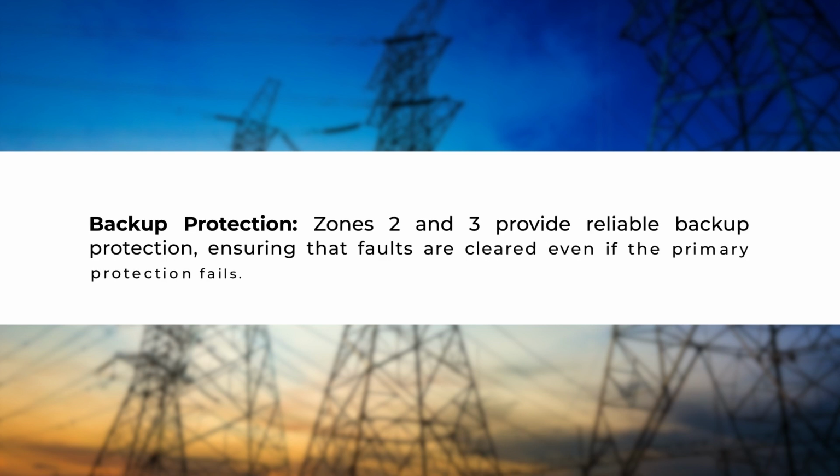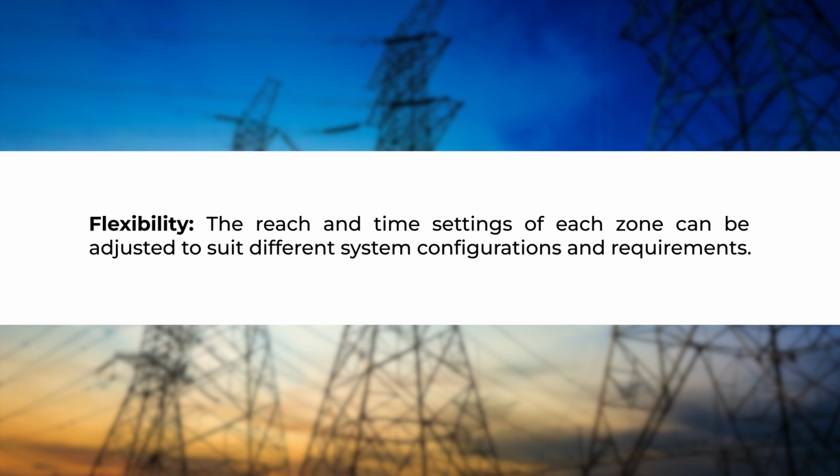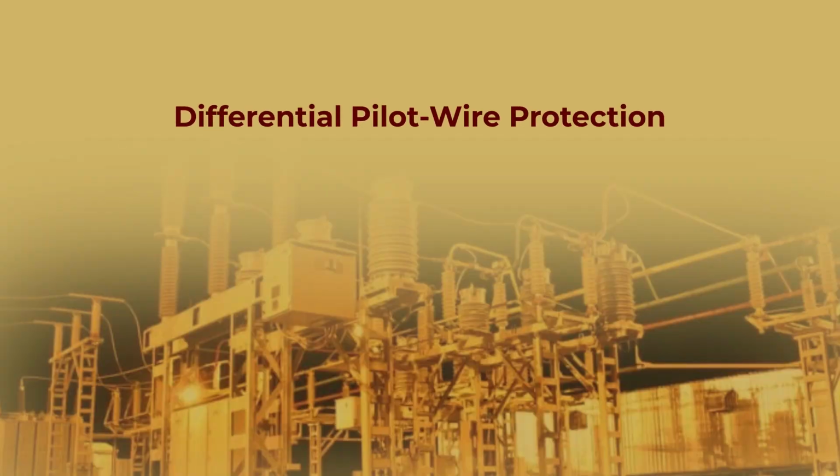Third is the backup, which is provided by zone 2 and zone 3 as reliable backup protection, ensuring that faults are cleared even if the primary protection fails. Next is the flexibility. The reach and the time setting of each zone can be adjusted to suit different system configuration and requirement.